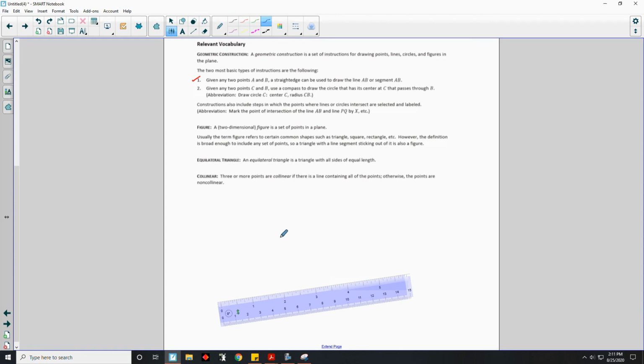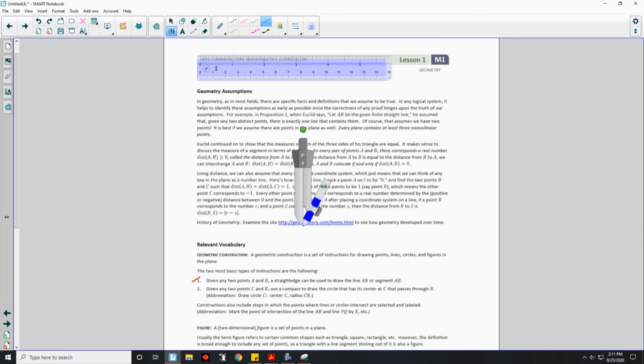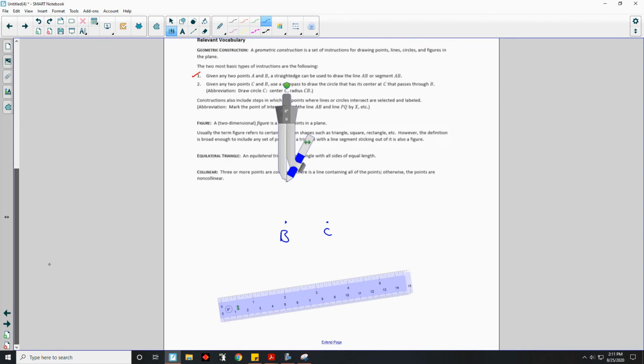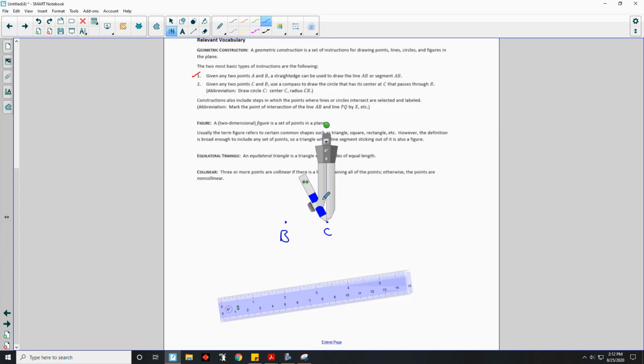Alright, so now if we have a point B right here, and a point C right here, it says to get a compass. Okay, it says, use a compass to draw the circle that has its center at C. So I want the point at C, like so, and flip this over, open this so that we come to B, like that.